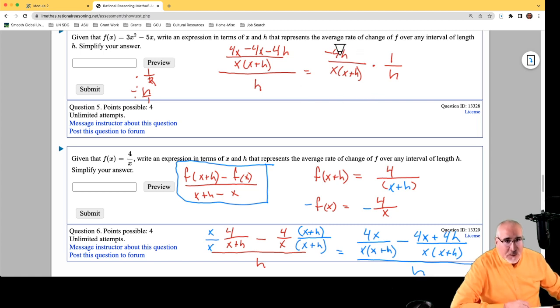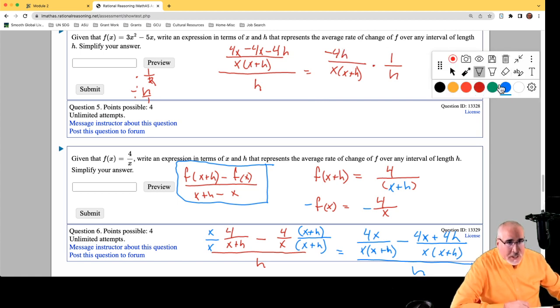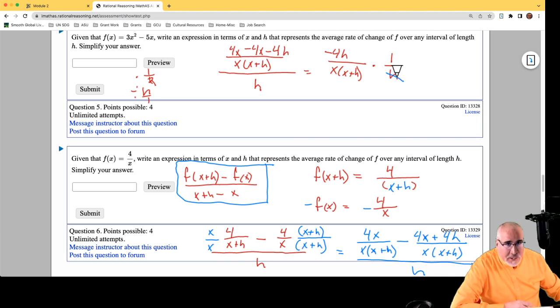Okay, so one of the things we can see right away is we have an h in the numerator, and this is all multiplication. That's an important thing, that these are things being multiplied. So this h can divide into this h. And so now we are left with just negative 4 times 1. It's negative 4.